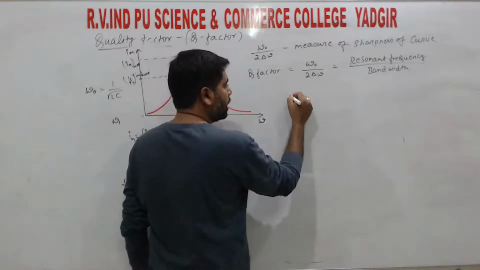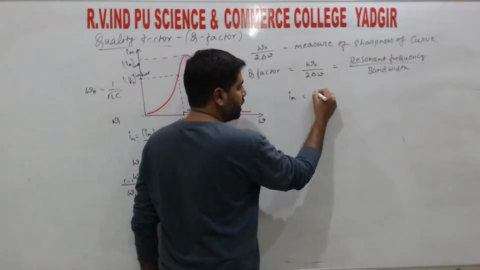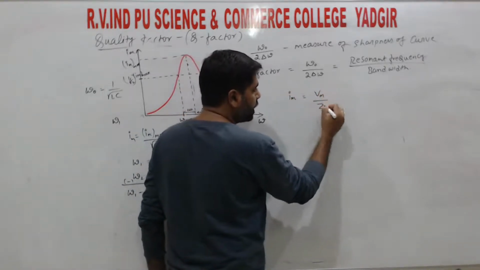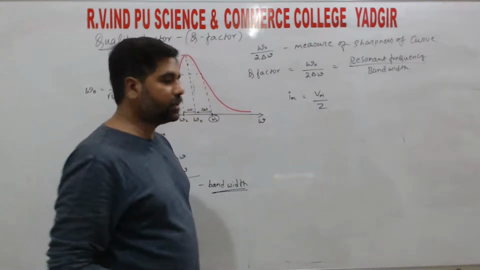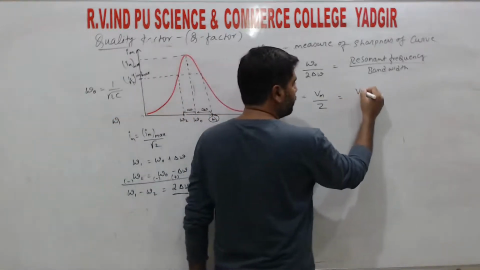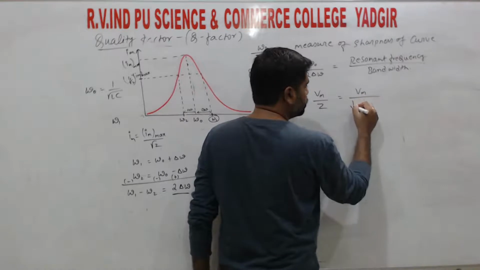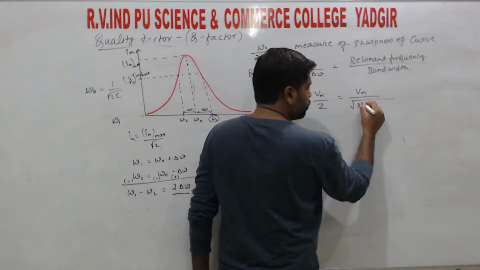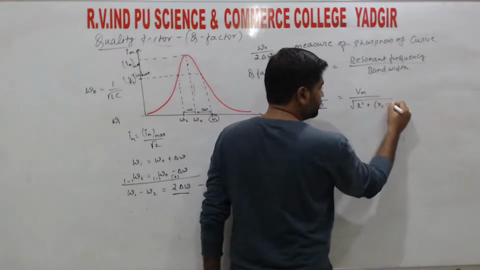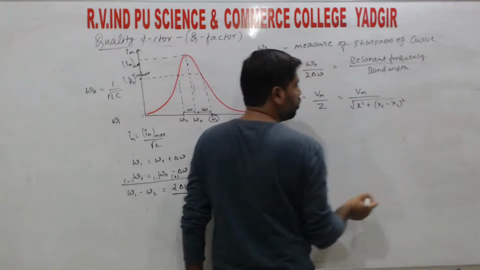For the current, Im equals Vm divided by Z, where Z is the impedance. So we can write Vm divided by the square root of R square plus (XC minus XL) whole square.